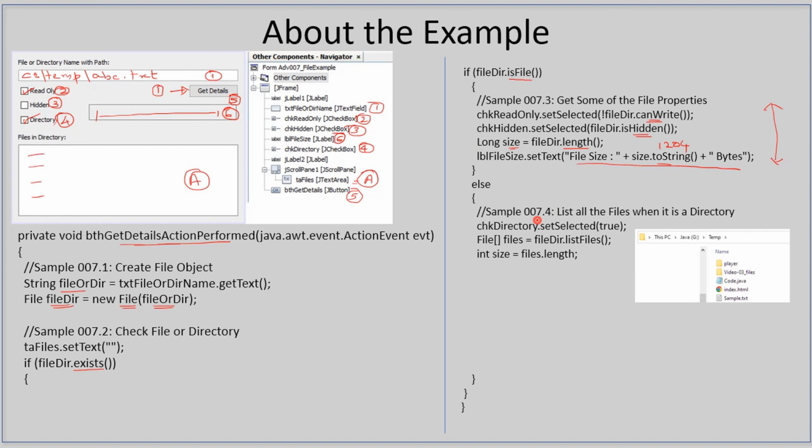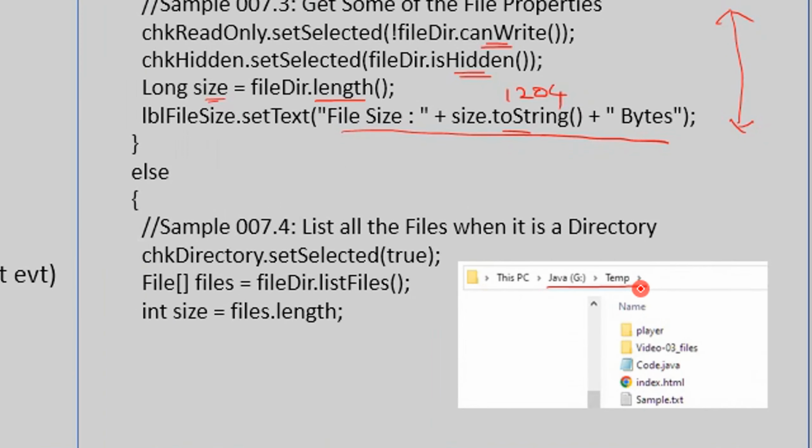Otherwise, the user specified a directory. Say for example, here c temp is the directory, and it contains 1 2 3 4 5, 2 directories and 3 files, but all are represented as File.